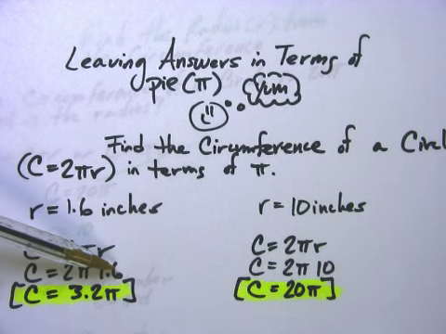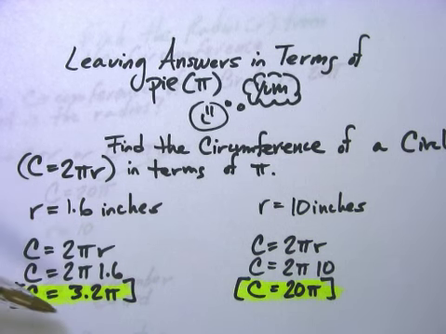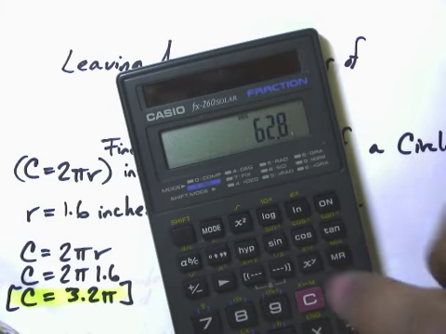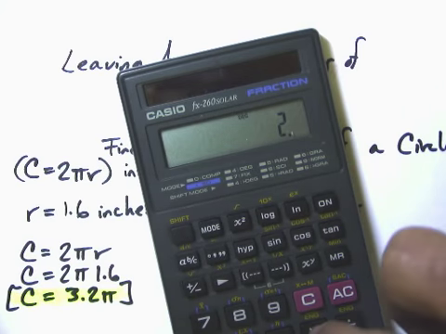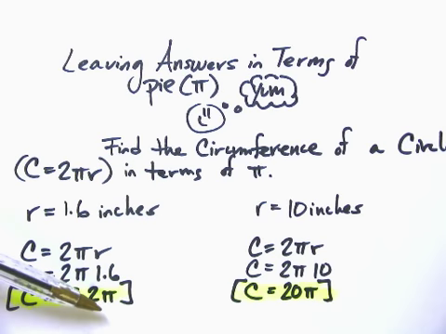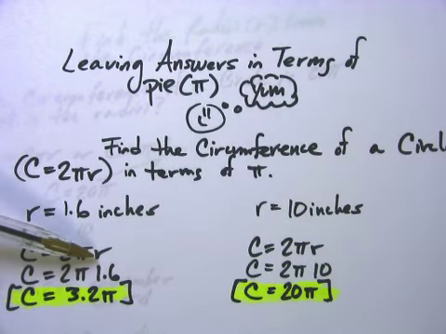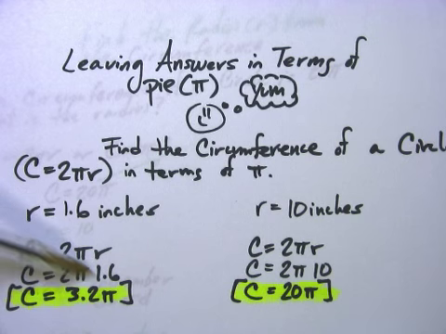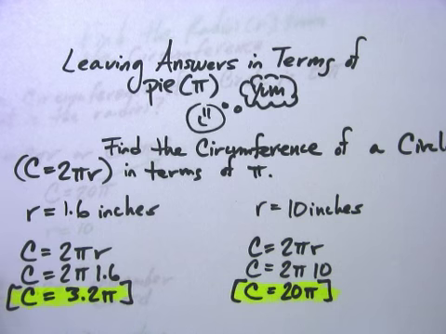I multiplied 2 times 1.6, and that gives me 3.2. And what I did was I left the pi next to it. So 2 times 1.6 is 3.2 times pi. And what I've done here is, leaving the pi alone, I've left my circumference in terms of pi.